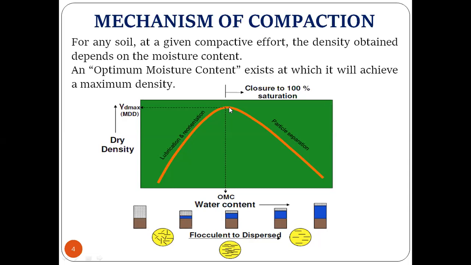After that, when you add more water into the soil, the soil will not become softer. Instead, the soil particles get separated, so more water will be there. The denser soil, when its particles are separated, has lower density. So the density goes on decreasing whenever you add water beyond some level.